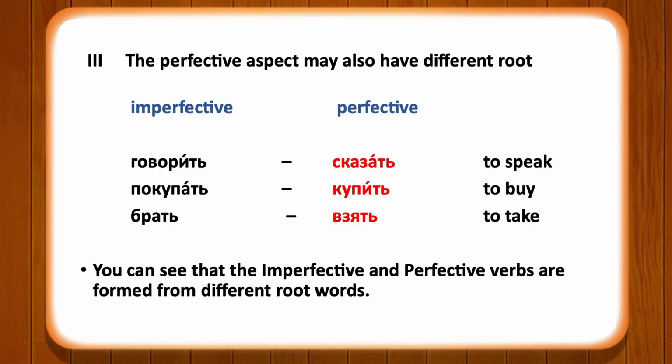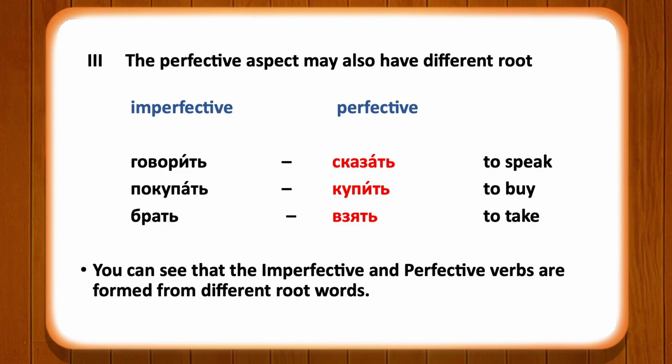Gavarij, skazaj, pakupaj, kupij. We can take one more example. The verb brach means to take. It is an imperfective aspect verb. The perfective aspect verb is vzять. Brach, vzять.